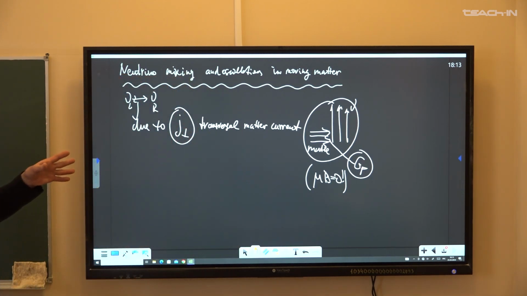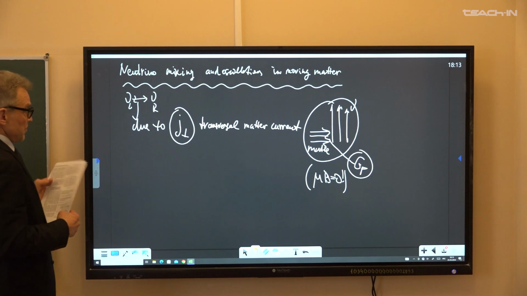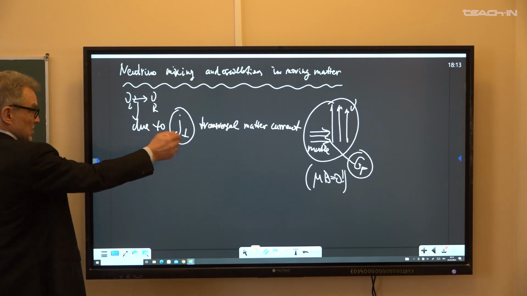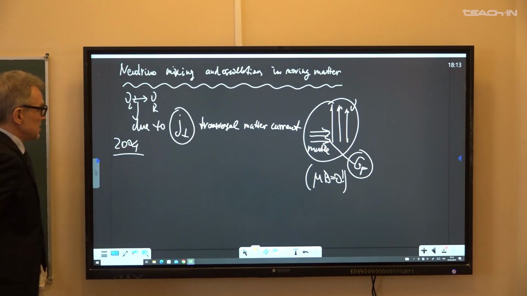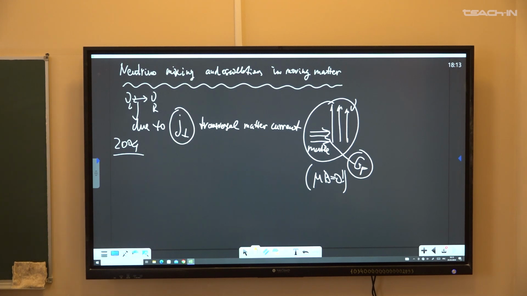And even in this case, there is a transition between left-handed electron neutrino and right-handed electron neutrino, or if there is a transversal contribution, a transition from electron left to muon right. Both the spin and spin flavor oscillation can be produced. And at first, this phenomenon was predicted in my paper published in Nuclear Physics.